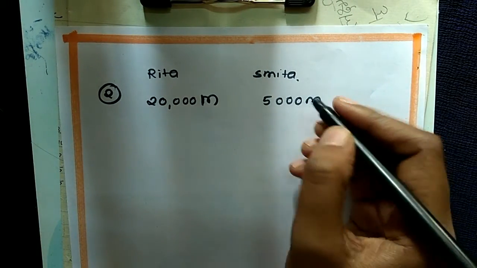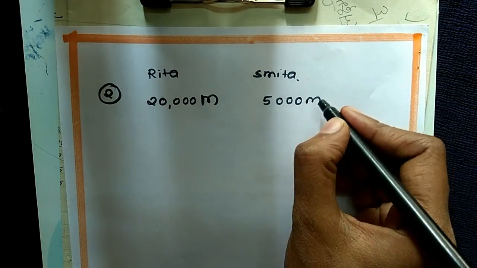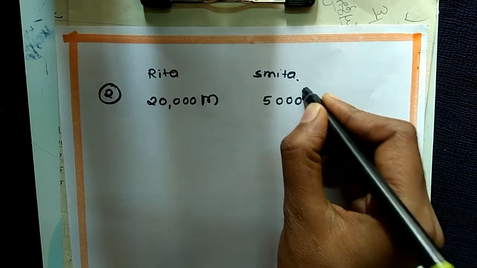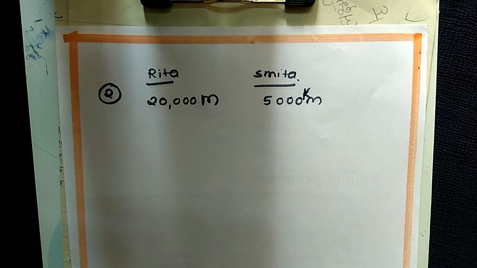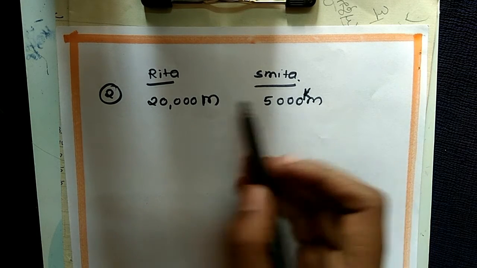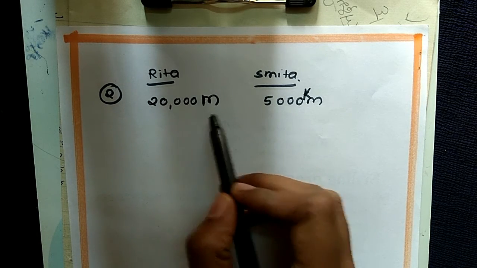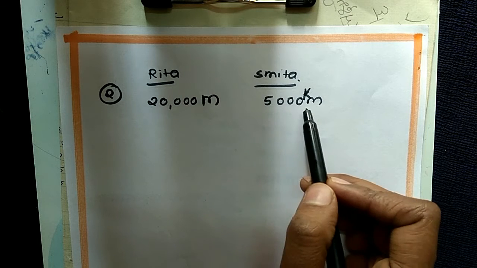Let us take here meter and here we will take kilometer. Suppose they have started the running practice. Until now she has completed 20,000 meter and she has completed 5,000 kilometer.